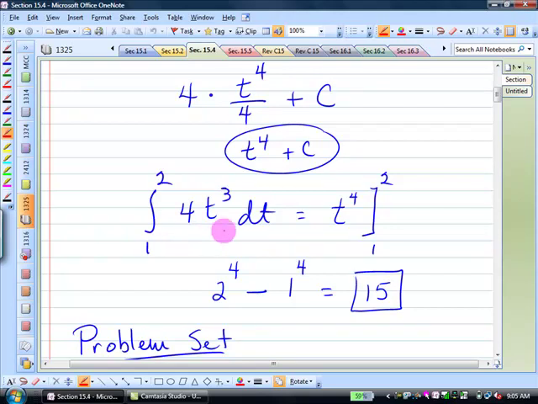So you'll put in 4x cubed, comma, x, it's function, comma, variable, comma, lower limit, so it'll be a comma 1, comma 2. Function, x, lower, upper. Try that and hit enter and see if you get 15. Did we get 15? Okay.